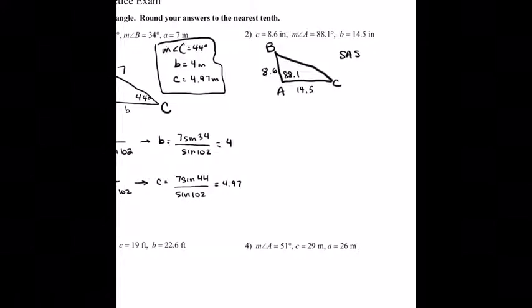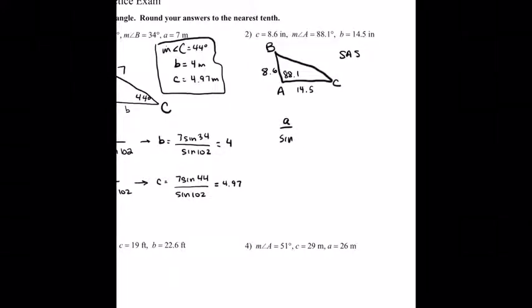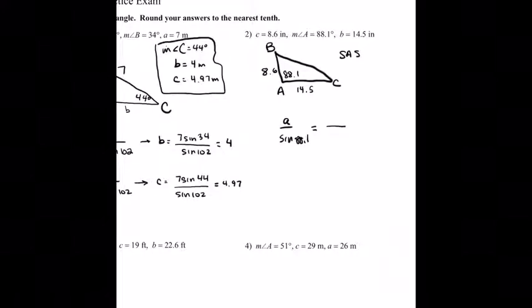Side angle side is going to be law of cosines, and if you're having trouble remembering which one applies, law of sines or law of cosines, try to apply law of sines to this one. If we use this ratio, A over sine A, we know angle A, so we could replace that with 88.1, but we don't know any other angle.